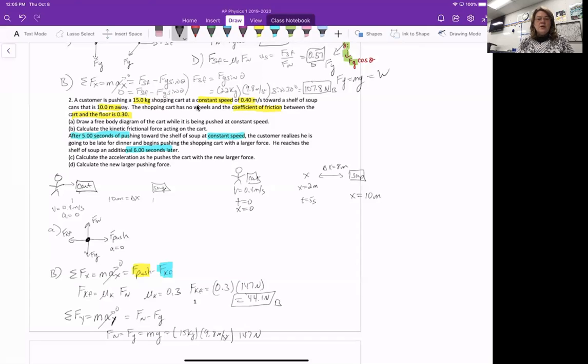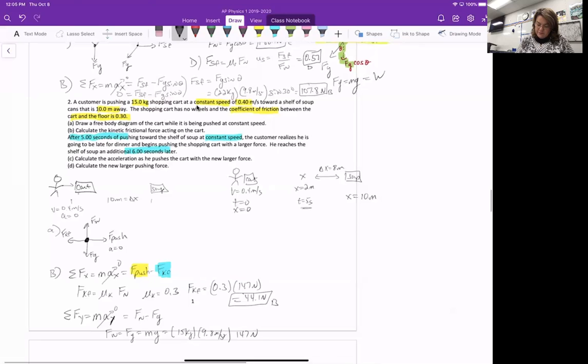So he reaches the soup can an additional 6 seconds later. 6 seconds plus 5 seconds, that's at 11 seconds. So the change in time here is 6 seconds. So what was my velocity at this moment in time? The velocity was 0.4 meters per second.